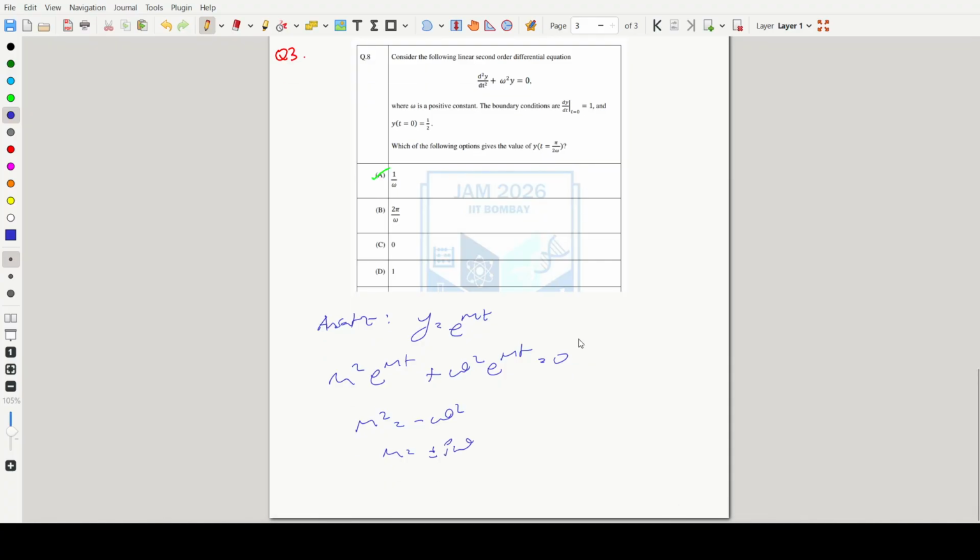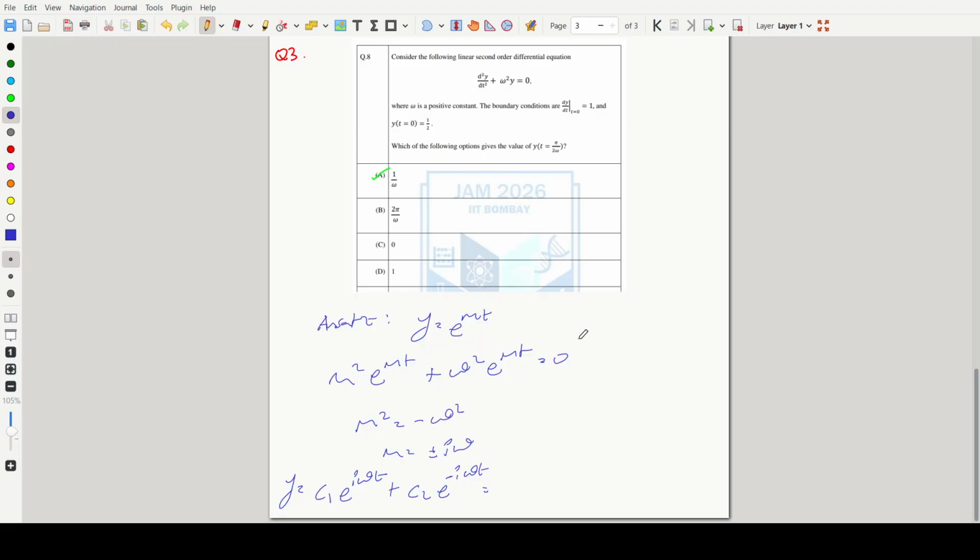So now my y can be written as a linear combination, c1 e power i omega t plus c2 e power minus i omega t.